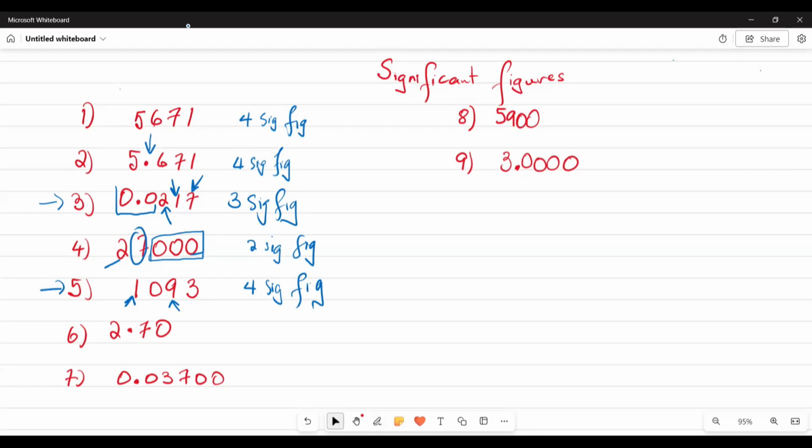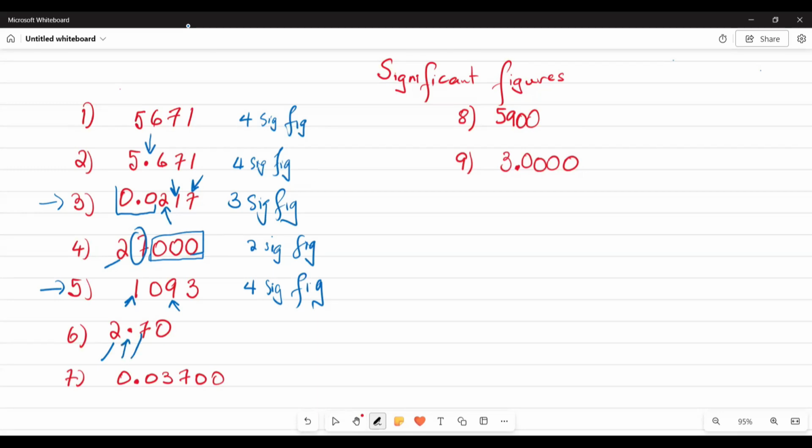Now, there are other cases when there is a decimal point. So the deal is, when there's a decimal point, all zeros to the right of the decimal point will be significant. Remember, though, that all non-zero digits are always significant. So in this case, this 2 is significant. The 7 is significant.